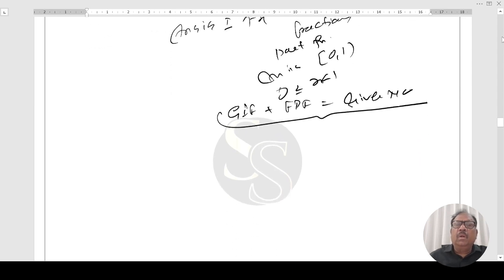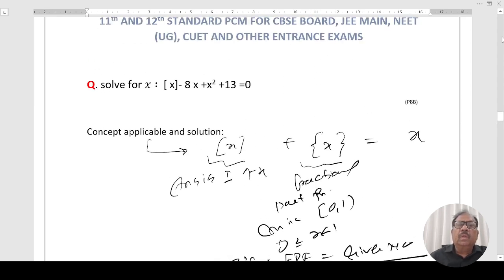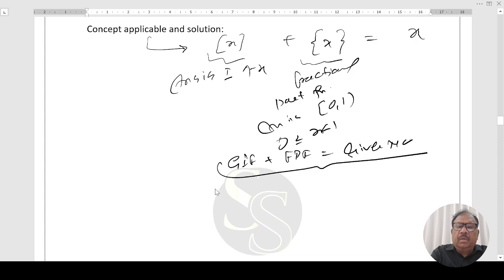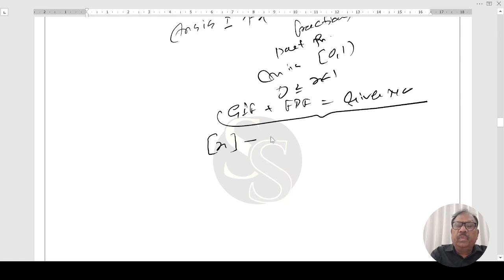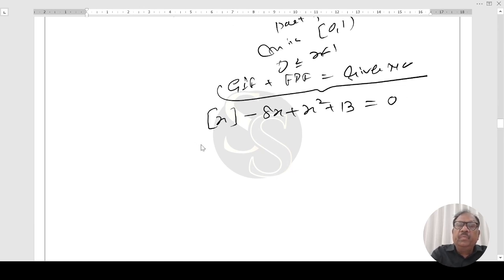Right? Now, start the question. The equation is [x] minus 8x plus x square plus 13 equal to 0. Now using the relation, the greatest integer function of x is x minus the fractional part function, so x minus fractional part minus 8x plus x square plus 13 equal to 0.